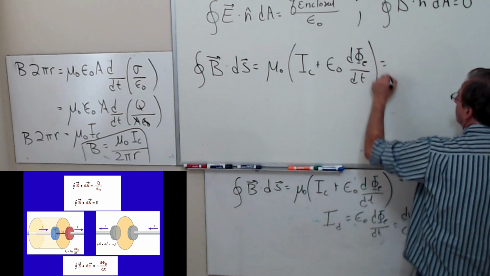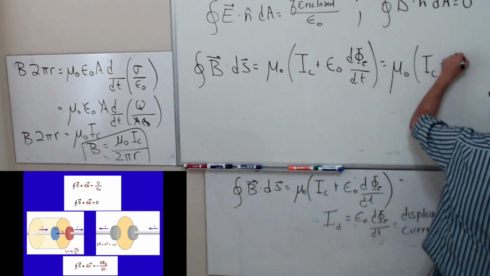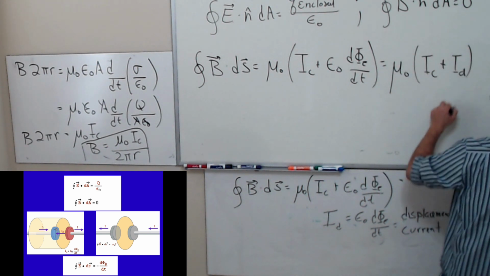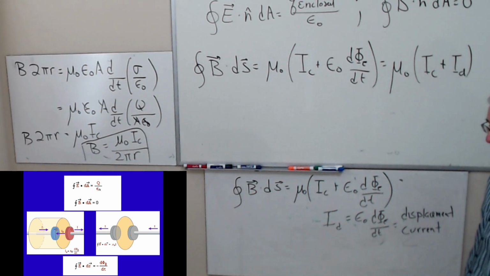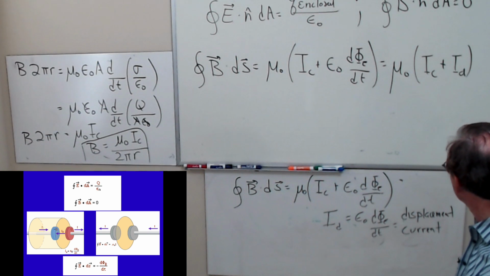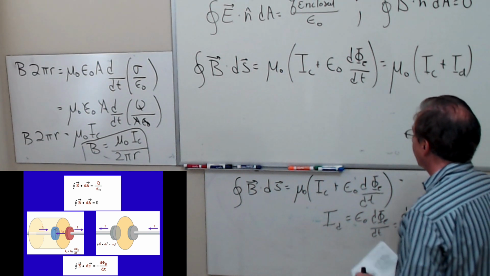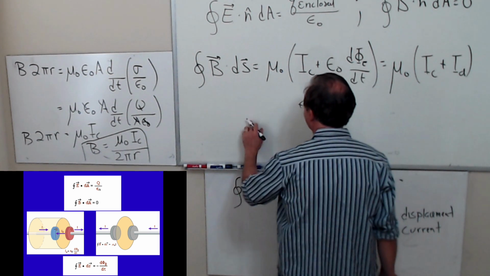You can also write it like this. And it's interesting, when one is 0, the other one's not. Although there are cases you can think of where they're both non-zero, but those problems are very hard. And then we have another equation, Faraday's law.